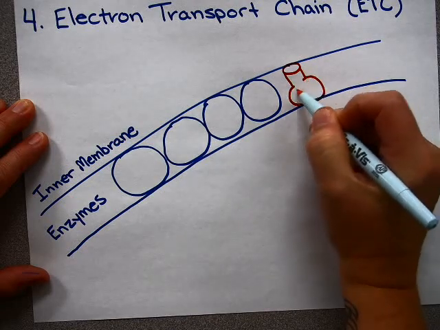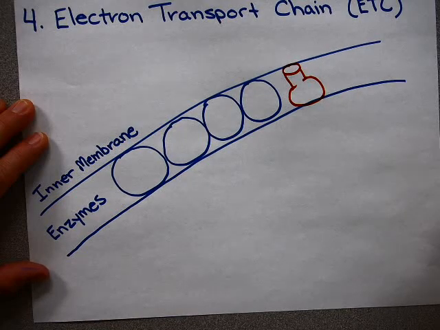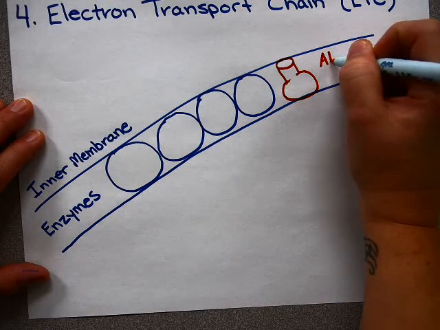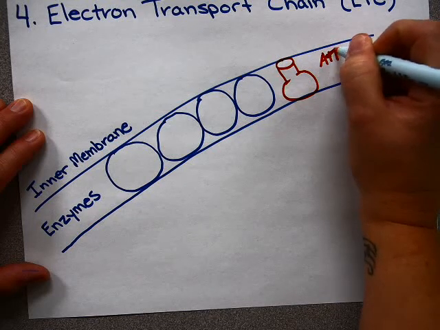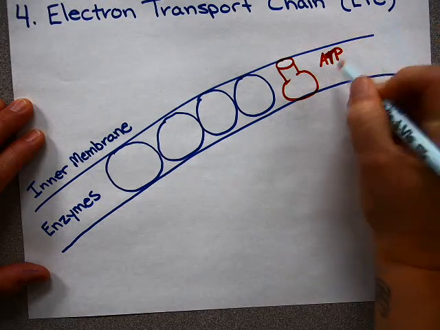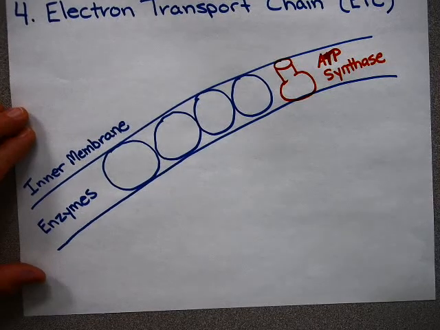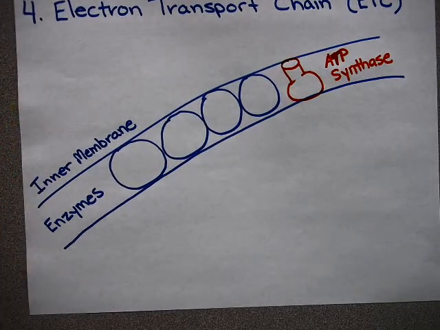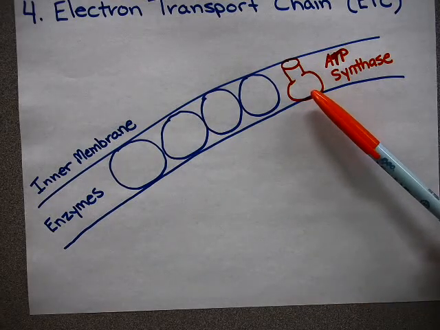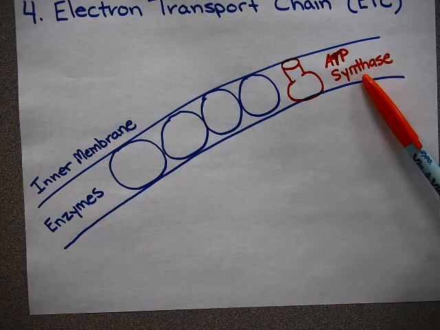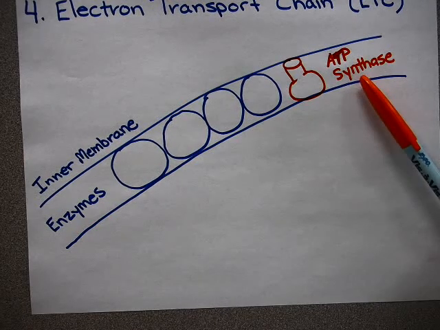And yeah, like I said, that's where my artwork really pays off. The special enzyme on the end is called ATP synthase. In fact, you are going to build a model of ATP synthase. My model today just kind of looks like a funnel that stuff can travel down, but your model is going to look much better tomorrow, right?